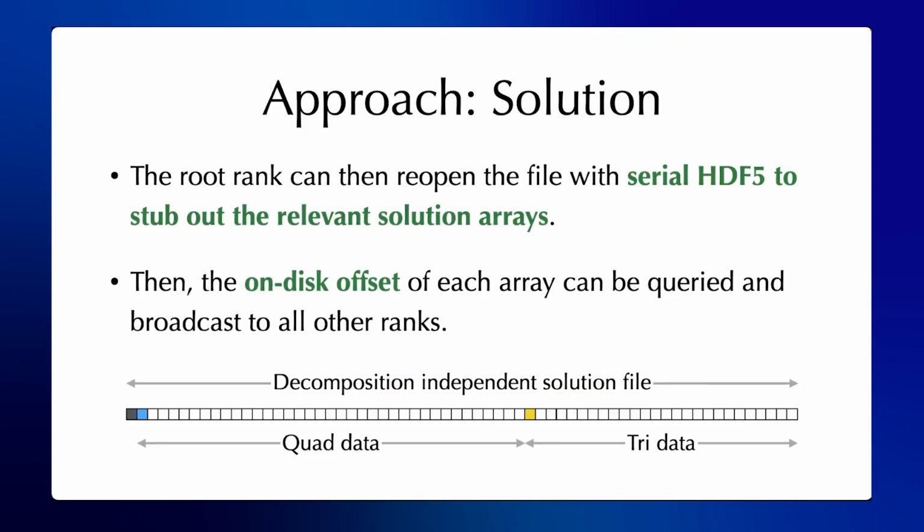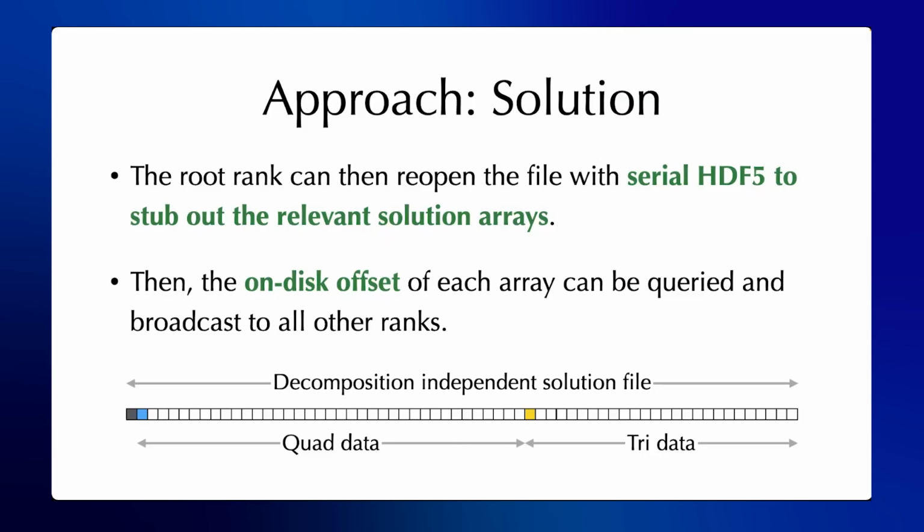So they are domain decomposition independent. We're going to stub out these arrays, but we're not actually going to fill them with data. We're just going to create the arrays and then take advantage of the fact that HDF5 arrays, as long as you aren't doing any funny business, are contiguous on disk.